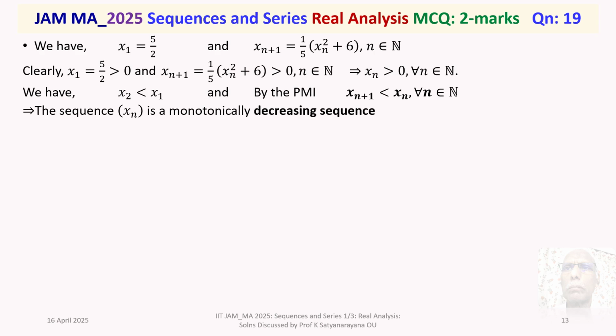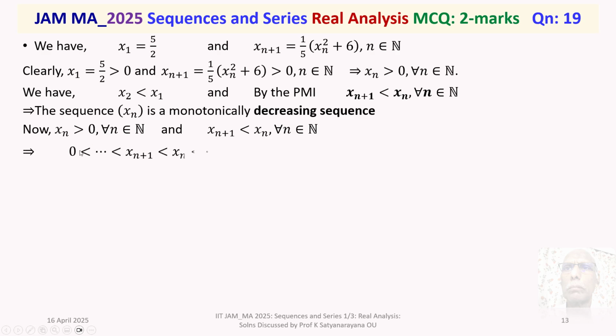We have to talk about boundedness. Now, xn greater than 0 for all n belongs to N, we have seen. And xn+1 less than xn for all n belongs to N. So, therefore, 0 less than, and so on, less than xn+1, less than xn, less than x1 is equal to 5 by 2.